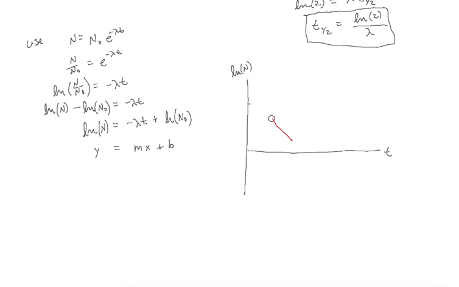You're going to have a slope that's negative, right? And the slope of this will equal negative lambda, your decay constant, and this intercept here, where it intersects at time t equals 0, of course would be the natural log of n naught, the amount that you had. So this is a way you could graph this out, and you could replace these n naughts with activities and get something very similar. Okay, that's all.